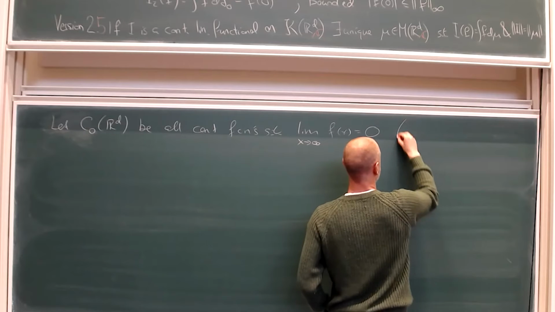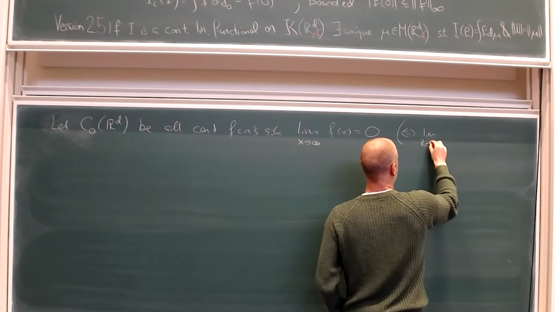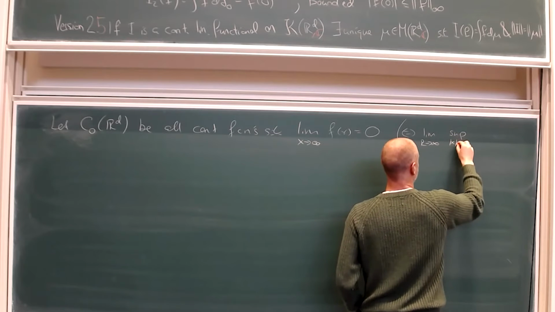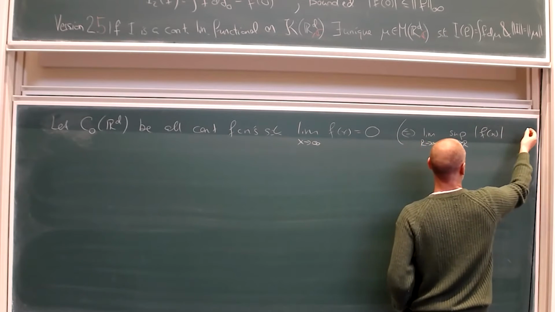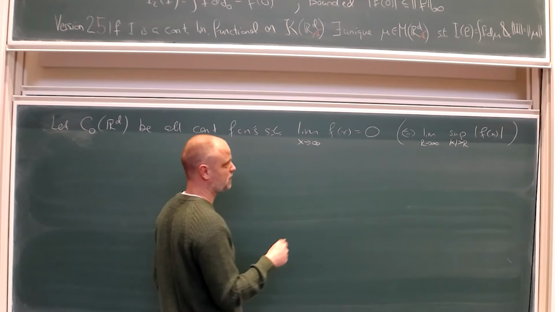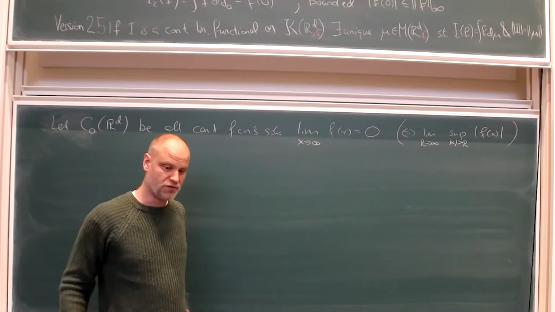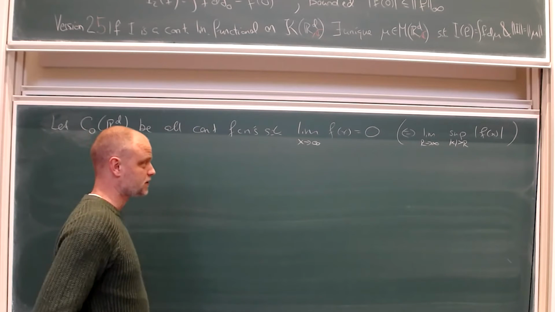We mean, of course, the limit as r goes to infinity of the supremum over modulus x bigger than r of modulus f of x. Right, that's how to interpret this, right? So it uniformly becomes small if you're far away from the origin. So this is a concrete space.